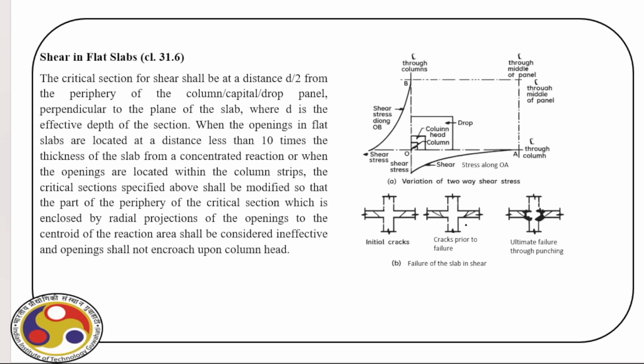Then comes the shear. The critical section for shear shall be at a distance d/2, where d is the effective depth, from the periphery of the column, perpendicular to the plane of the slab.